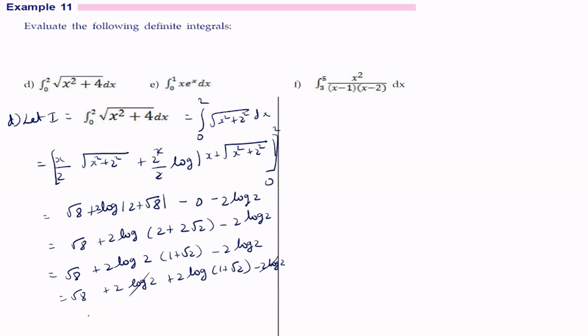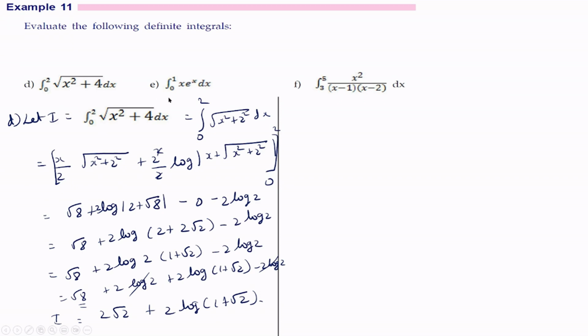So plus 2 log 2 minus 2 log 2 will go. Therefore I is equal to root 8, which is 2 root 2, plus 2 log of 1 plus root 2. So this is the value of this given integral.